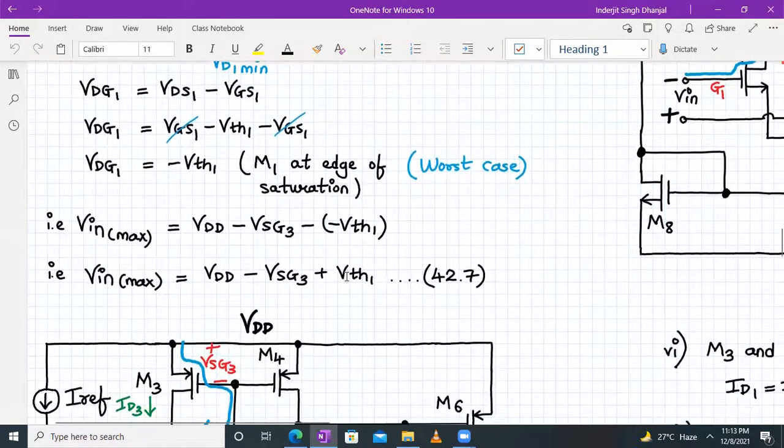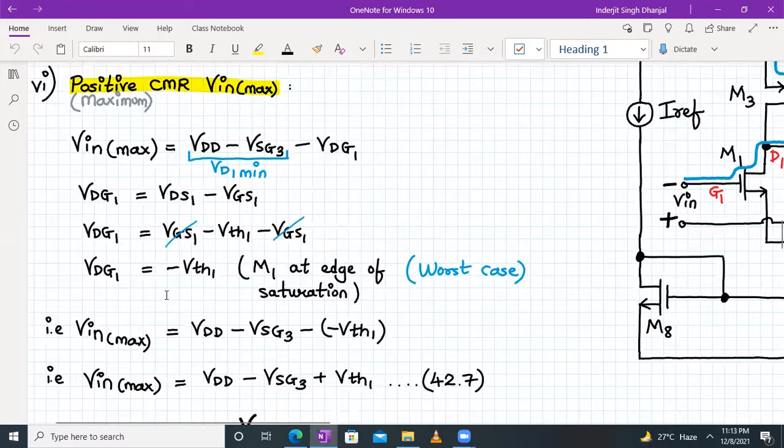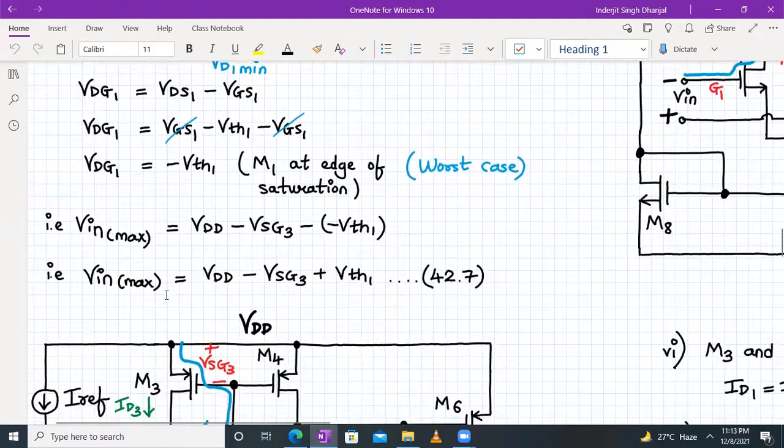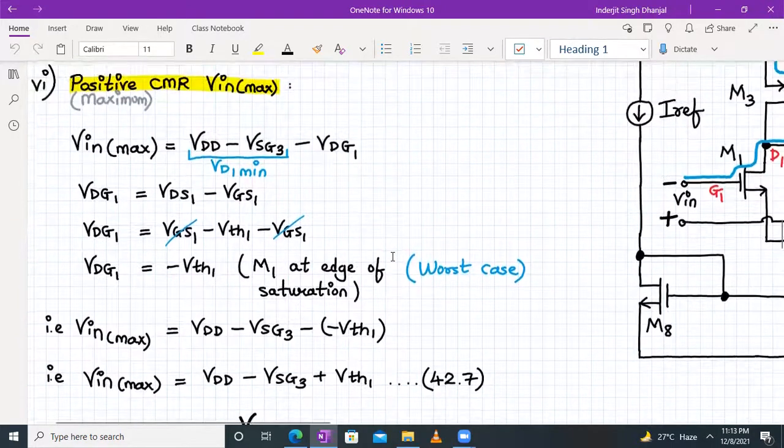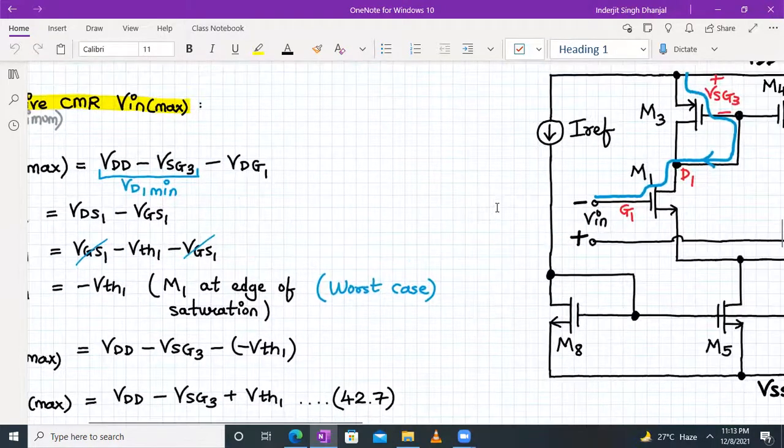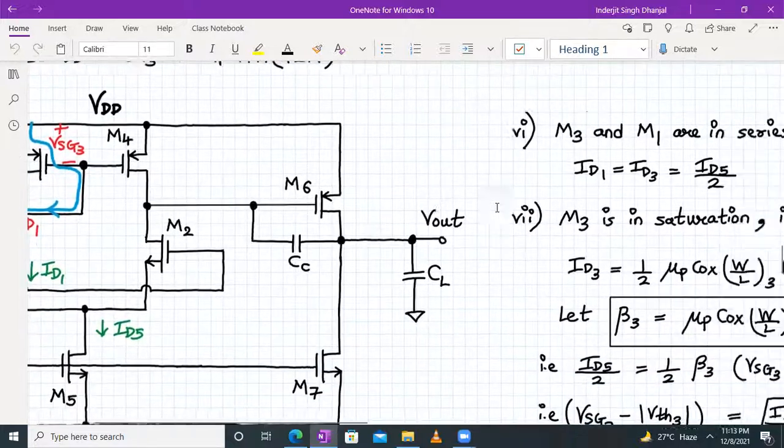Minus of minus becomes plus. So your V in max, that is your positive CMR or maximum CMR, will be equal to VDD minus VSG3 plus VTH1. Okay, so this is another design equation. I hope you're following. Now, let's move on to the next one.